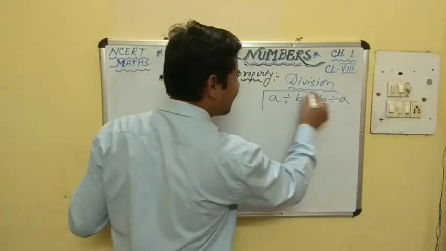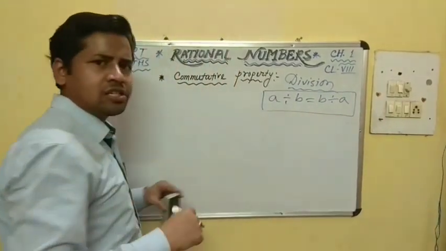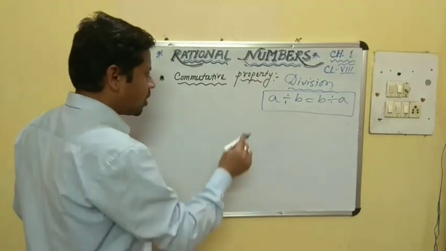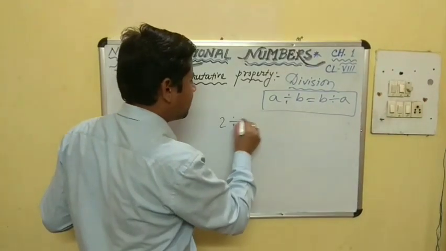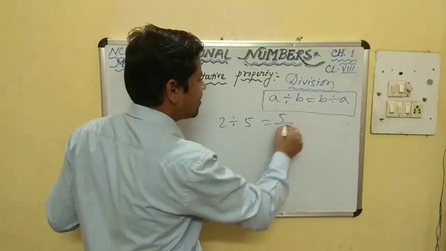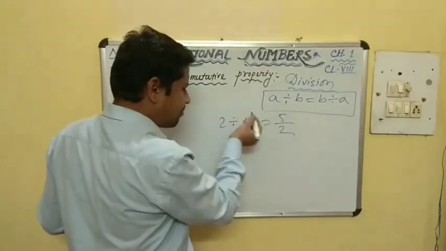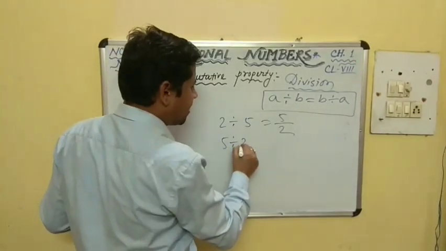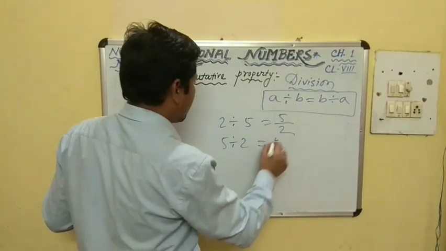But let's see for division whether it is satisfying or not. Let's take an example. 2 divided by 5.